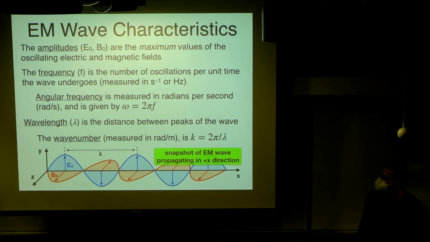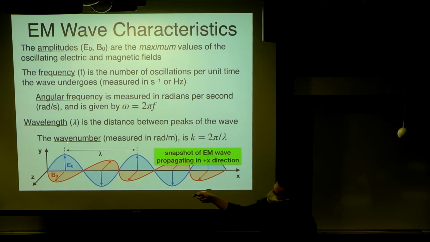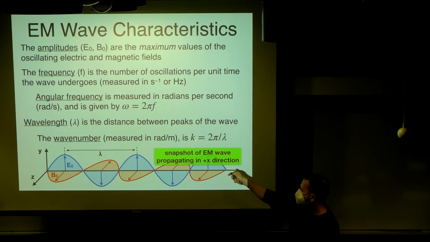And related to that is something called the wave number. There is absolutely nothing special about this. It's just a different way of writing what lambda is. This thing called the wave number is called k, and it's just 2 pi divided by lambda.